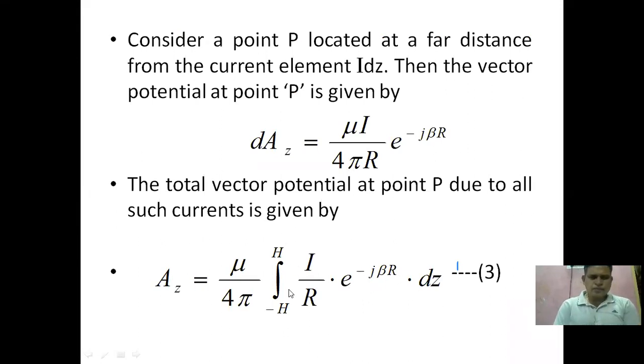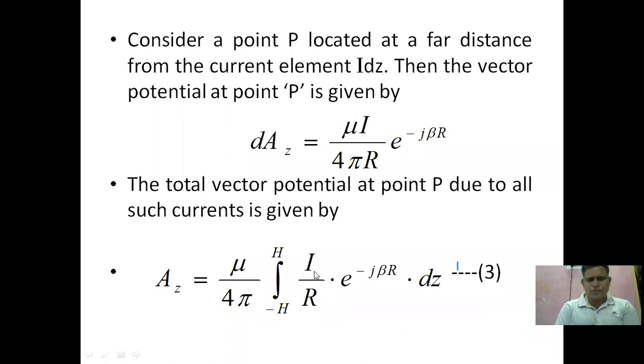We have to integrate with respect to z from minus h to plus h. For the current I, for z greater than 0 it has one value, and for z less than 0 it has another value. There is some phase difference.